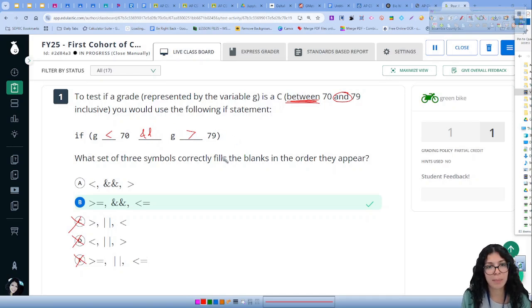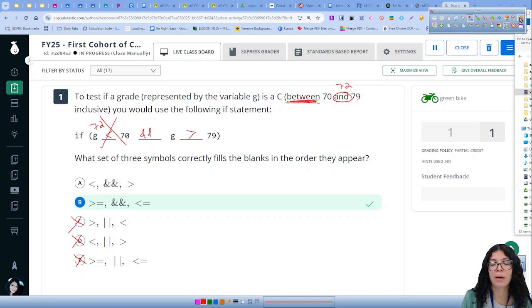There's no number that would meet that, right? Like let's find 65, right? Or a number that's actually in between, like 72, for example. Is 72 less than 70? No. And it's an and. So no value would fit into that category because no value would be smaller than 70 and also bigger than 79. So the answer is B.